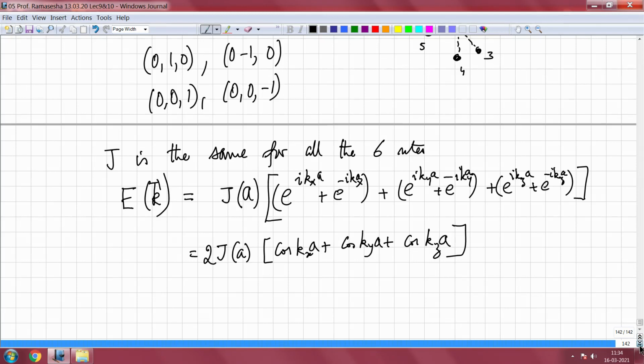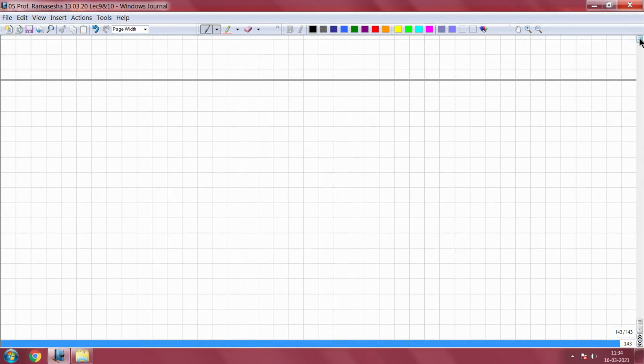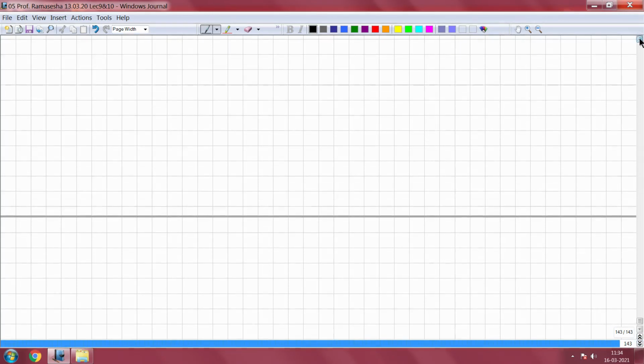And what are the next nearest neighbors?